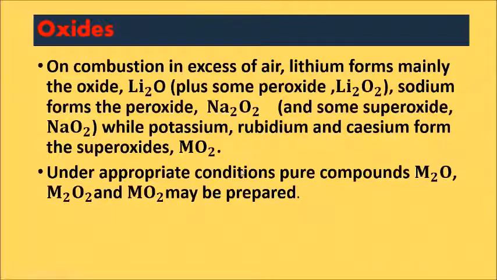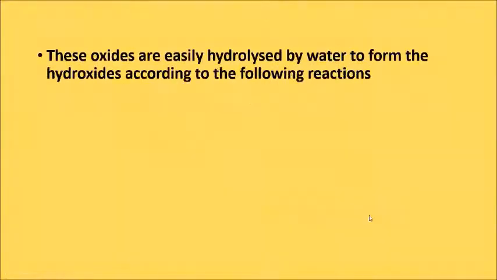Under appropriate conditions, the pure compounds M2O, M2O2 and MO2 may be prepared. This is the monoxide, peroxide and superoxide, and they can be prepared under certain conditions. These oxides are easily hydrolyzed by water, and they form what?